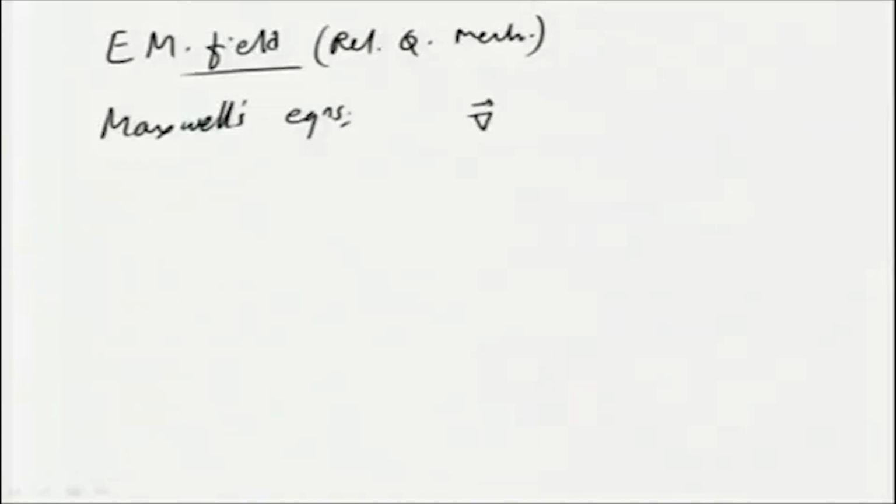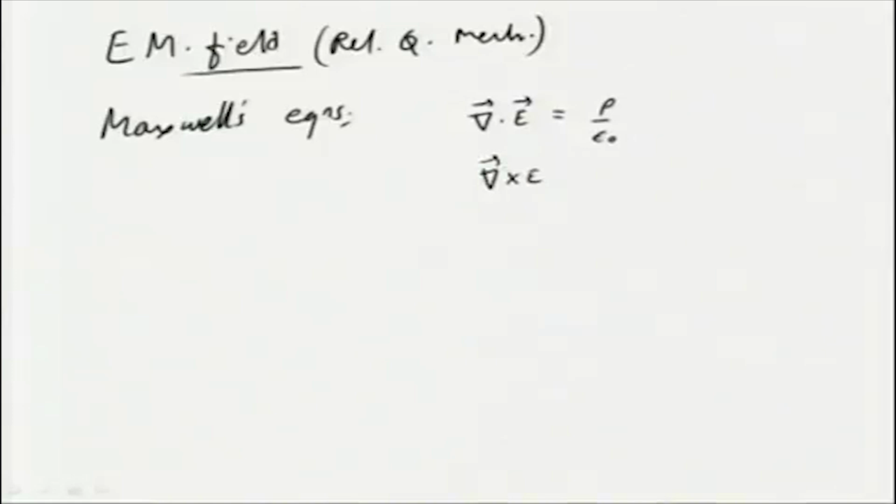In the non-relativistic form, classically we can write it as del dot E is equal to rho over epsilon 0. This rho is actually the charge density. Sometimes the same notation represents different things, but depending on the context, I believe you will be able to understand what is what without confusion. So, curl of E is equal to minus dB by dt.